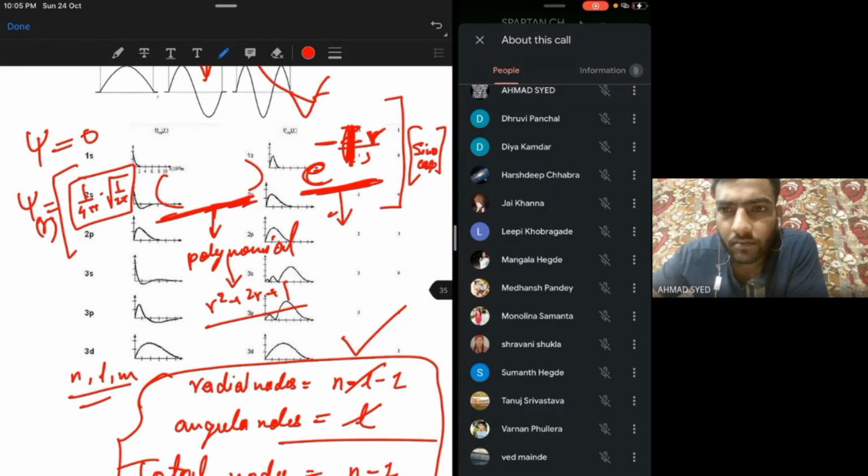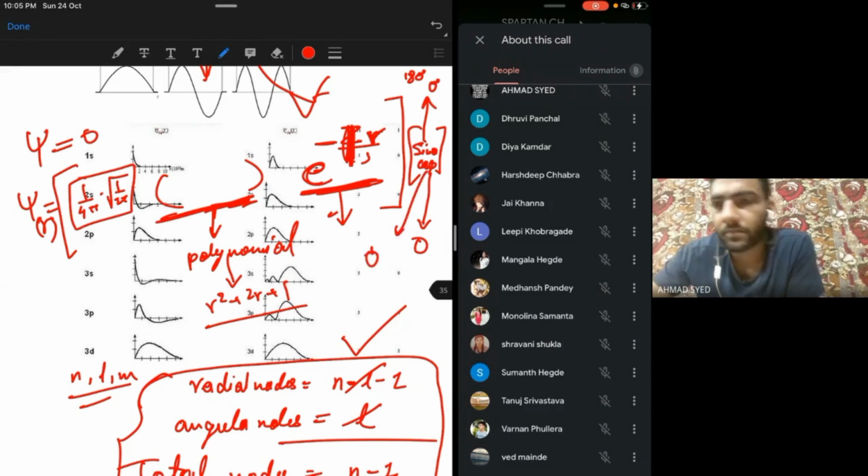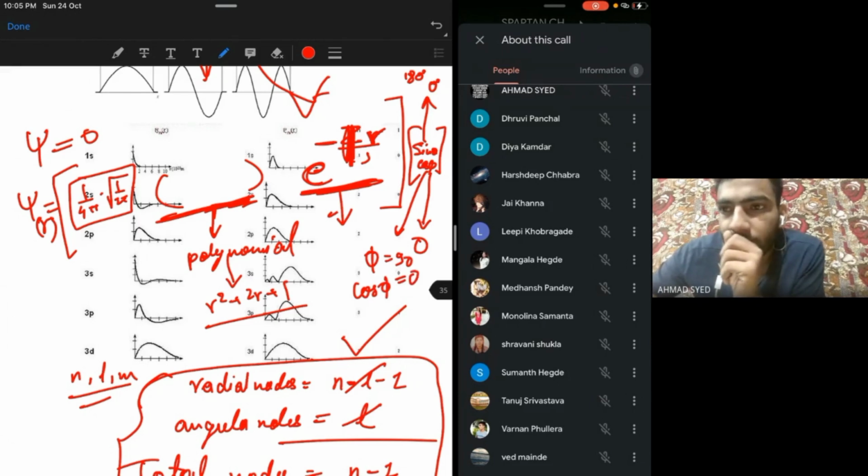Now when there is also an angular part, this can also become 0, right? Sine becomes 0 at 180 degrees and at 0 degrees. Cos phi will become 0 when phi is 90 degrees. All those things.